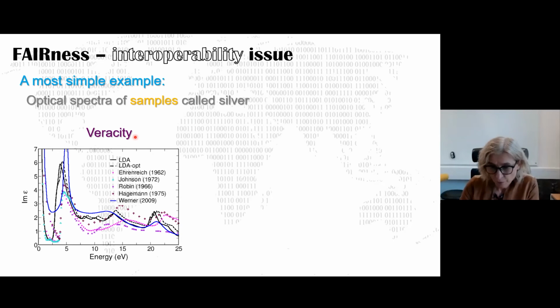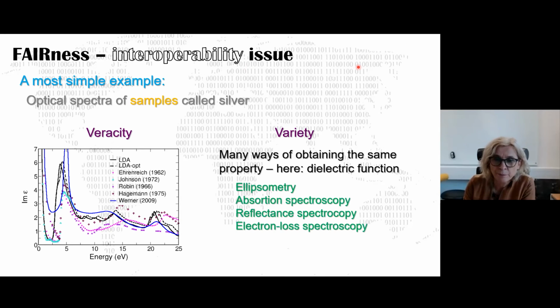But there's also something that is known as the term variety in the 4V of big data. And in this case, variety means that you can measure the same thing with different means. So for instance, for getting the dielectric function that is proposed here, you can use ellipsometry, absorption reflectance spectroscopy, or even electron loss spectroscopy.